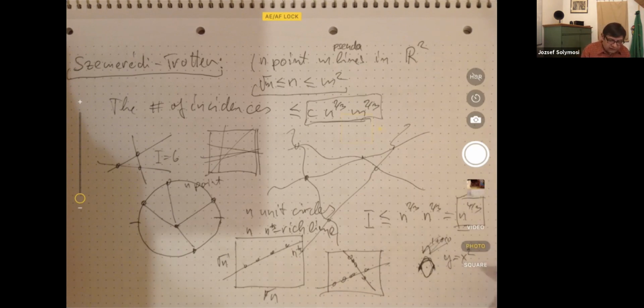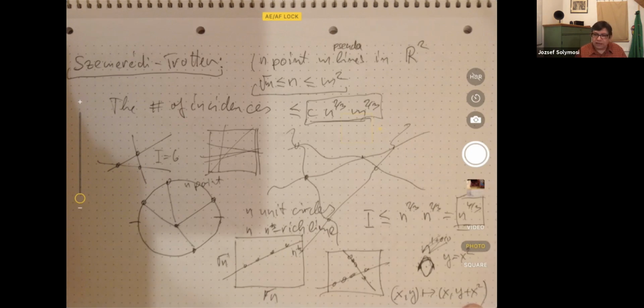How? So we are here, and we apply a transformation. For every point x, y, we transform it to x, y plus x squared. What will be the image of a line?